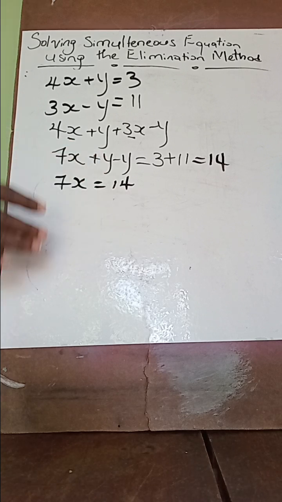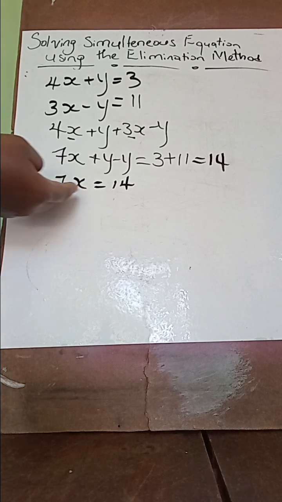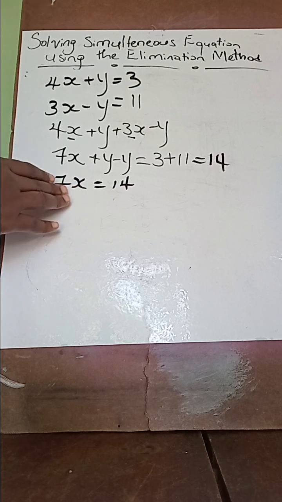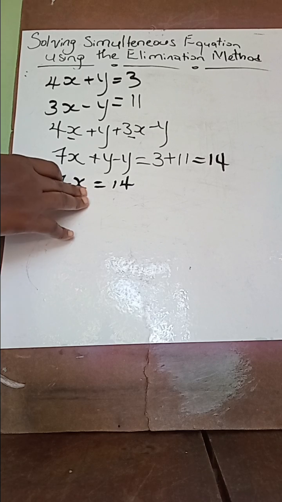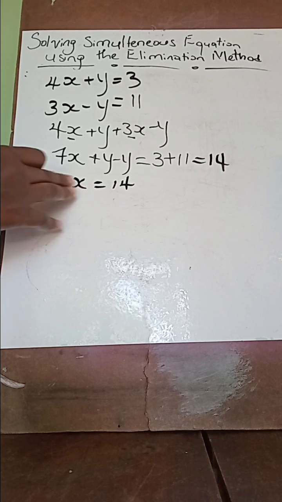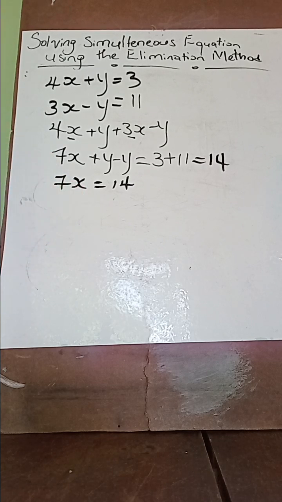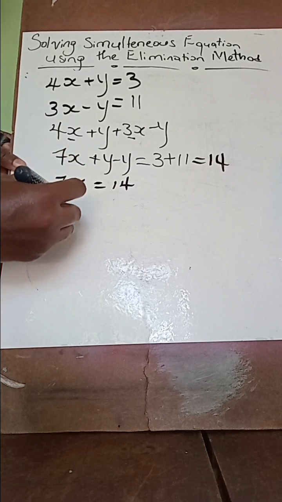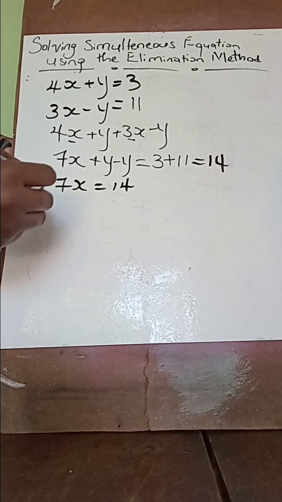So first we're solving for the x value. We don't know the x value. So here we're seeing that whenever a number and a variable are beside each other, this represents multiplication. So we're going to do the opposite of multiplication, which is division.